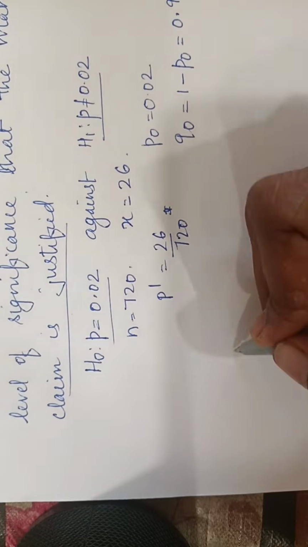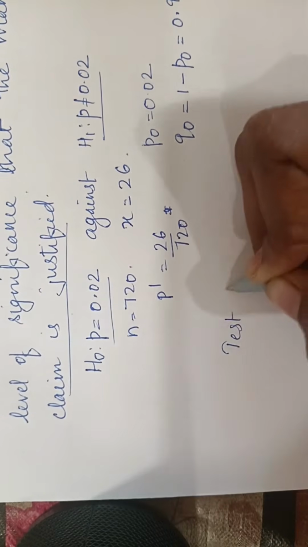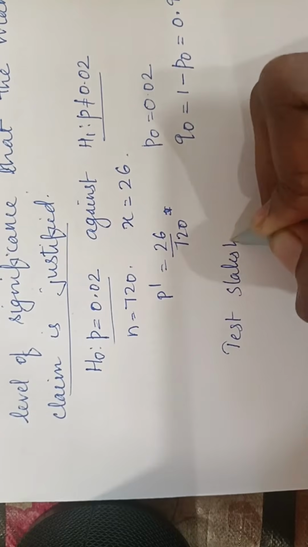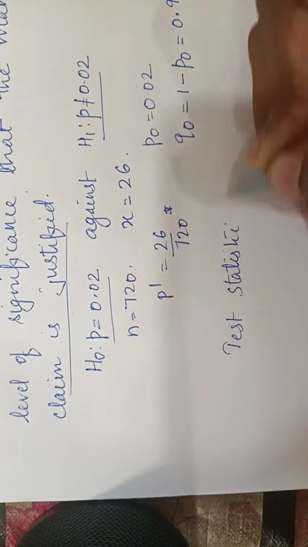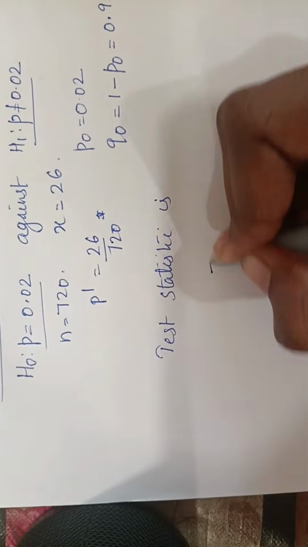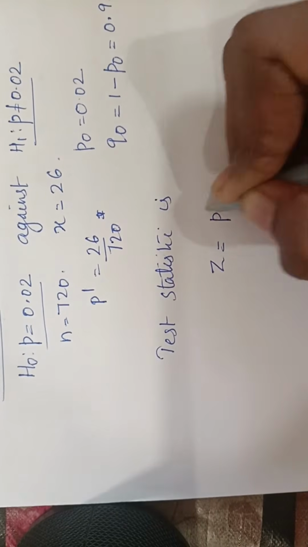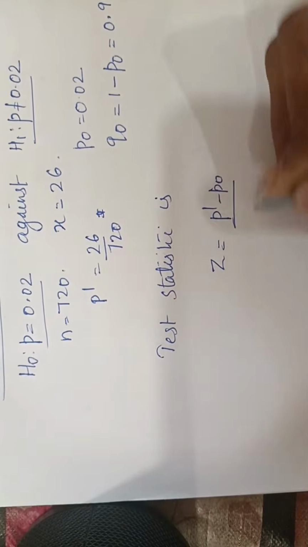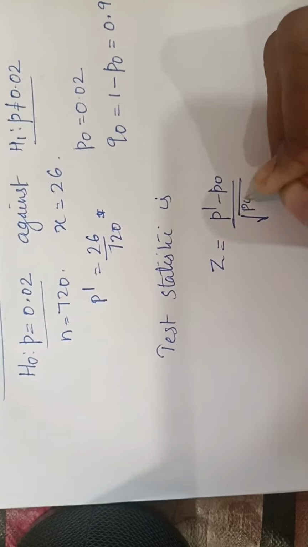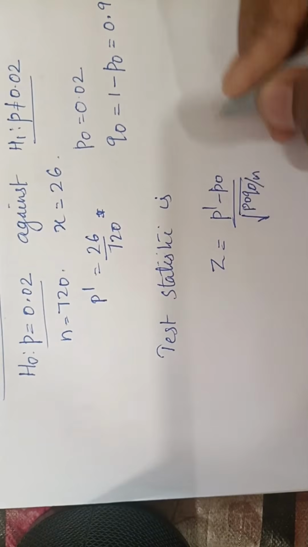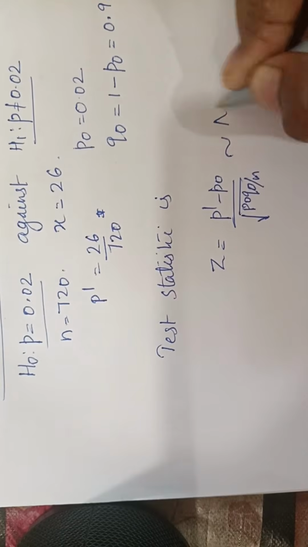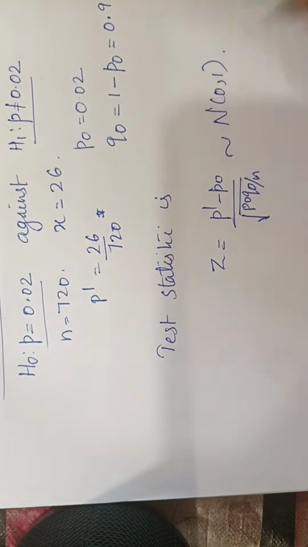Now what is our test statistic? Test statistic is z is equal to p dash minus p naught divided by root of p naught q naught by n. This follows standard normal distribution.